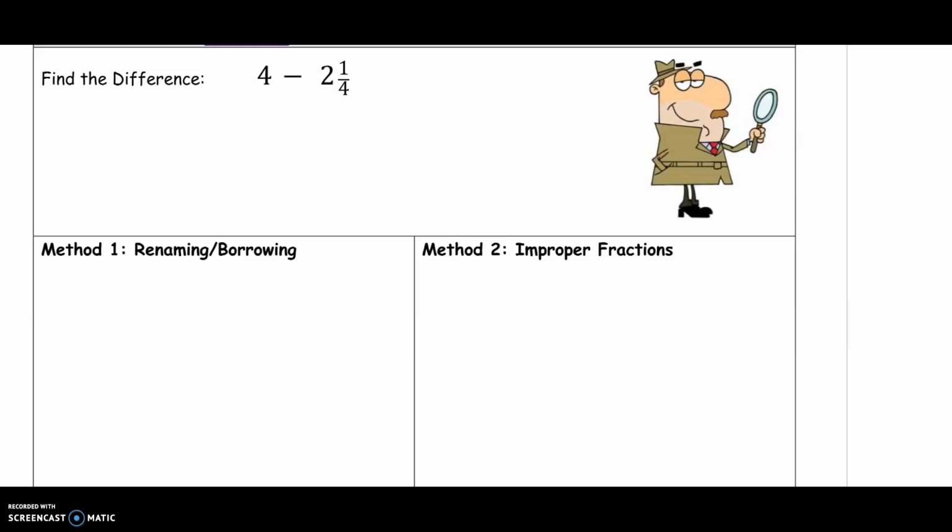So 4 is going to be rewritten as 3, borrow one from the whole number, and I need a fraction with a common denominator, so the denominator here is 4. So again, if I want to make a whole, I'm going to put 4 over 4. So 3 and 4/4, remember, is equivalent to 4 because this is 3 plus 1.